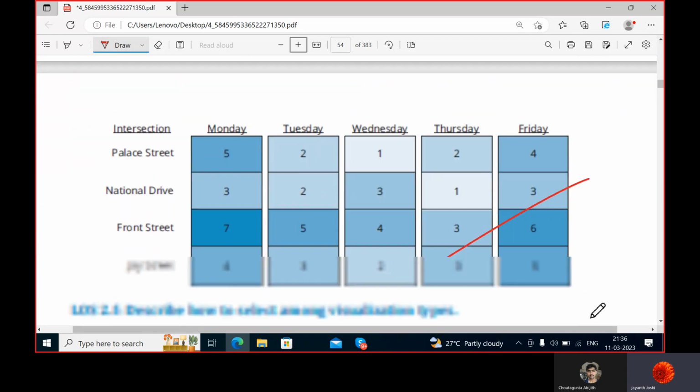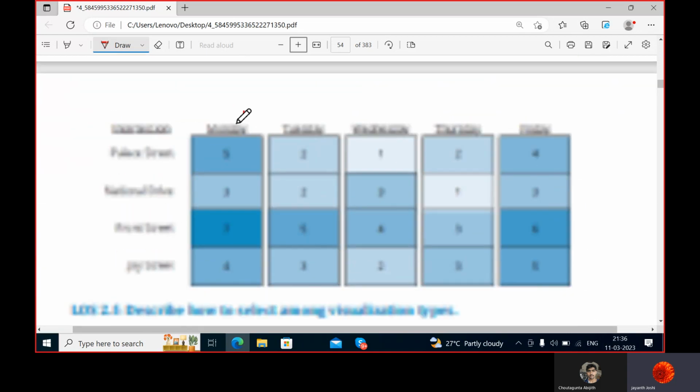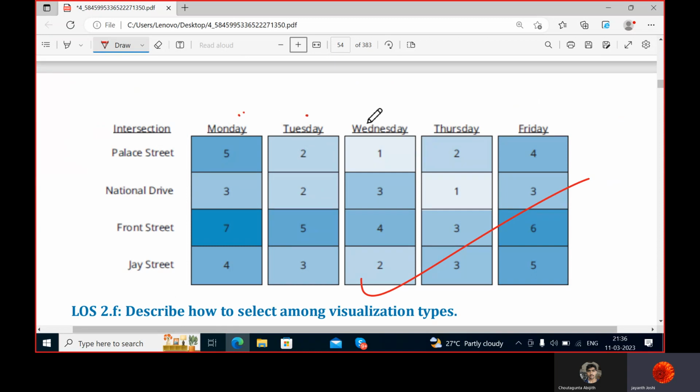So we'll take the same thing. We will take all the days of the week from that data. We'll see on this particular day, in which intersection, how many accidents have happened. You can see the data here. The darker one shows the accidents were very high on Monday in which street? Front Street, correct?